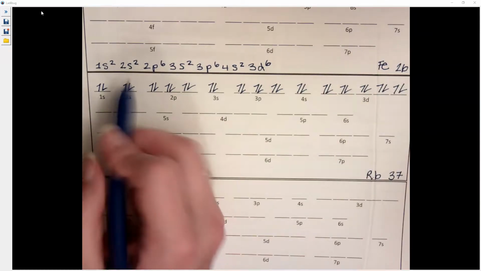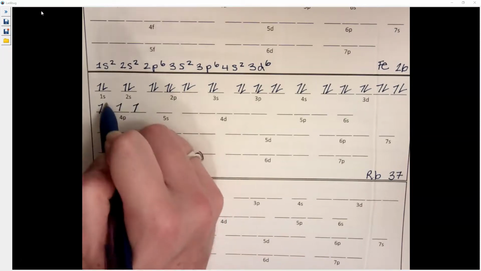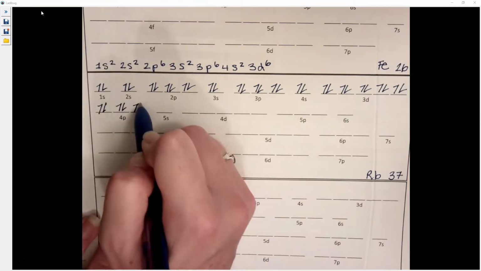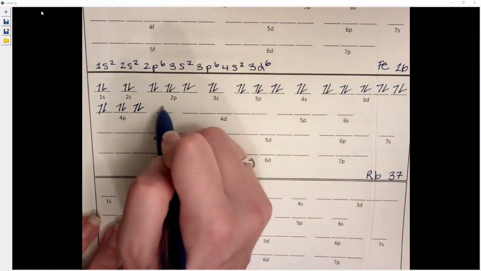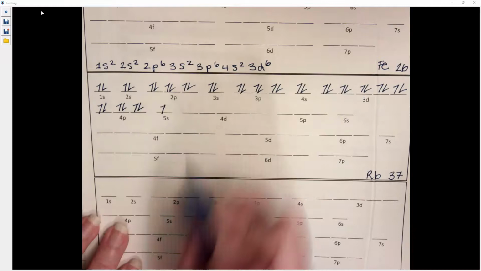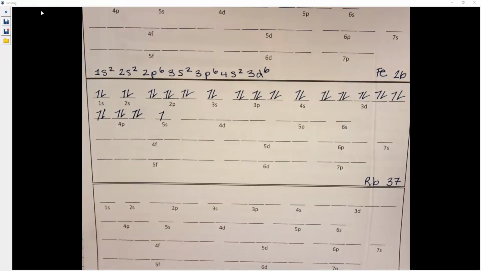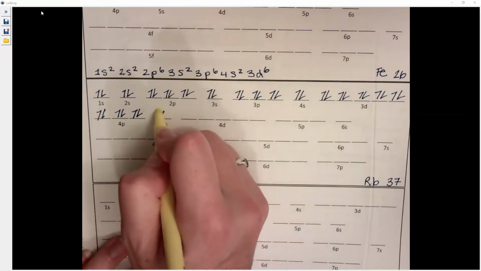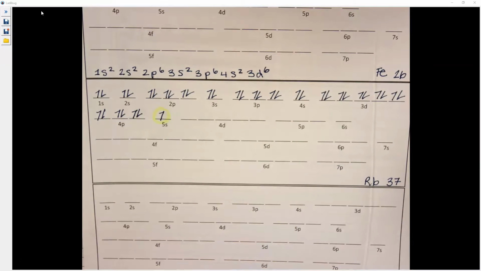P orbitals. 31, 32, 33, 34, 35, 36. And last one, 37. So you can see here, we have an unpaired electron.